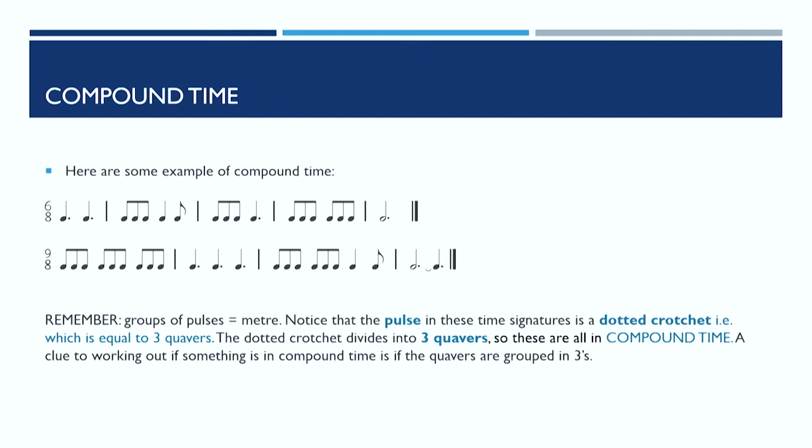The quavers are beats, not pulses. In this case, the pulses must divide into 3. So if there are 6 quavers in a bar, that gives us 2 groups of 3 quavers. The pulse is a dotted crotchet which divides into 3 quavers. So the pulse here is dotted crotchets, the beats are 6 quavers.